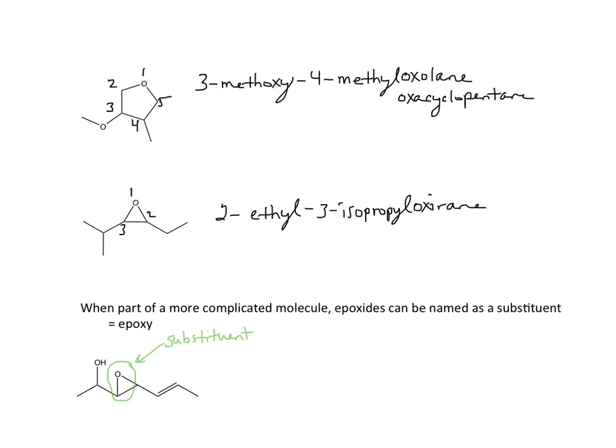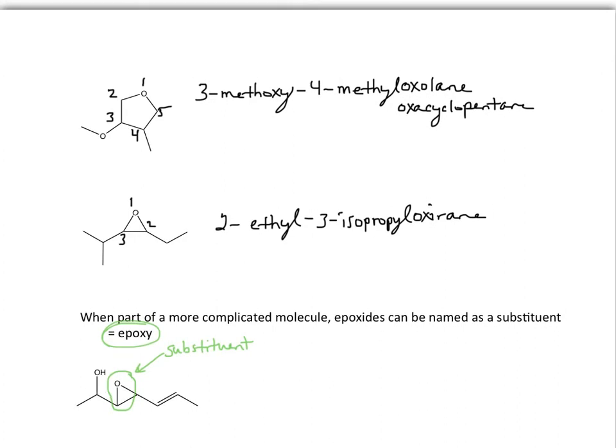As a substituent, that group, that 3-membered ring group, is called epoxy. So let's go ahead and let's number our chain using the alcohol to dictate the numbering since it's the priority group. So we have 1, the alcohol gets 2, the epoxy gets 3, 4, 5 on the double bond, and it's based on heptane.